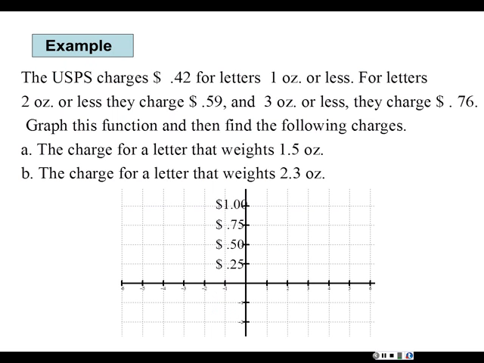Look at this. Along this line we have the prices. Along this line we'll have what? Ounces. Now let's say we have information for 1 ounce, 1 ounce or less, 2 ounces or less, and then 3 ounces or less, right?